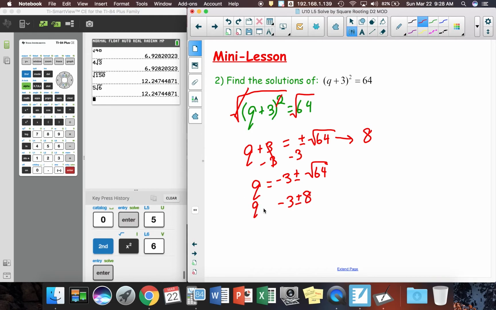Now we have two whole numbers here. We have negative 3 and we have 8. Whenever we have something like this, we have to simplify it further. Now remember I said before that this plus or minus means that we have 2 answers. Since we have 2 answers, we got to break this up. So I'm going to change my color, and we get 2 different answers.